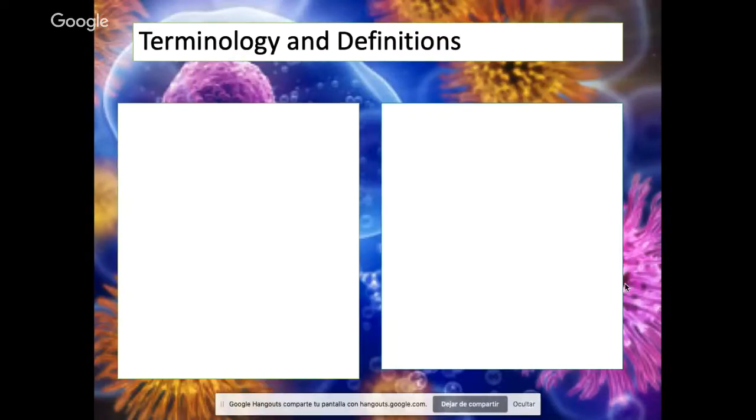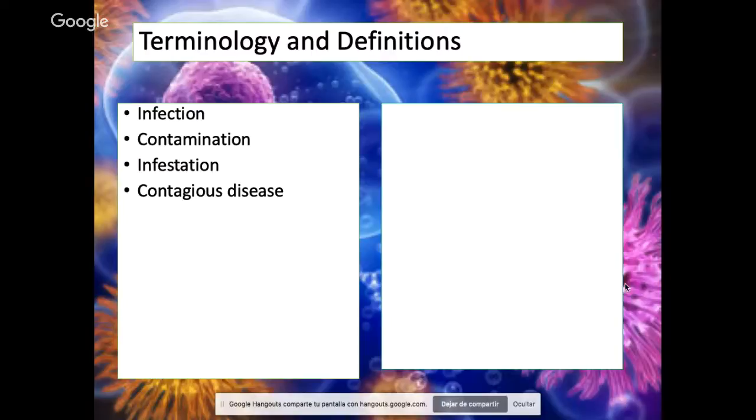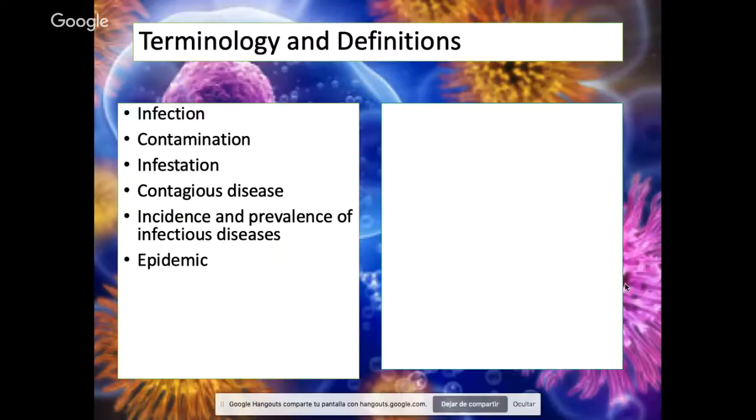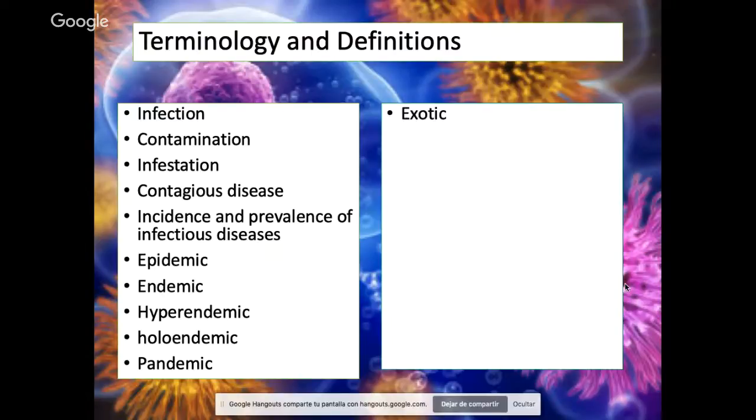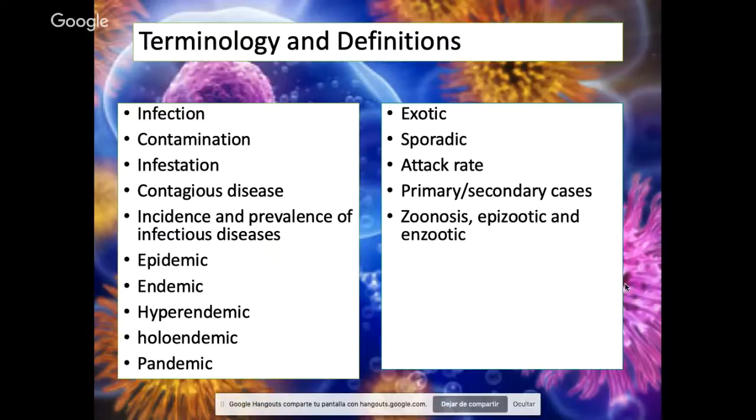Some terminology and important definitions. First, we're going to know what is infection, contamination, infestation, contagious disease, incidence and prevalence of infectious disease, epidemic, endemic, hyperendemic, holoendemic, and pandemic. What is exotic, sporadic, attack rate, primary or secondary cases, zoonosis, epizootic, and enzootic.